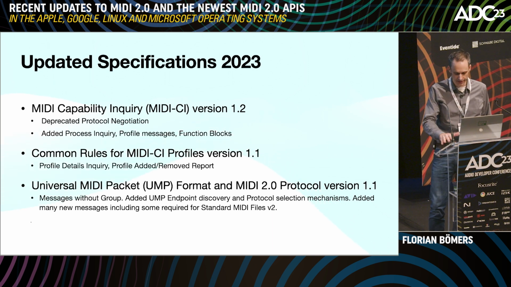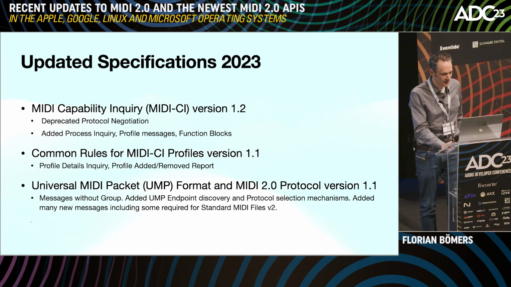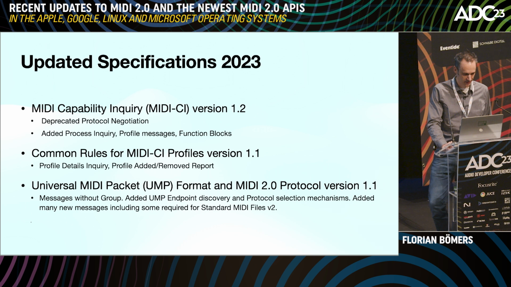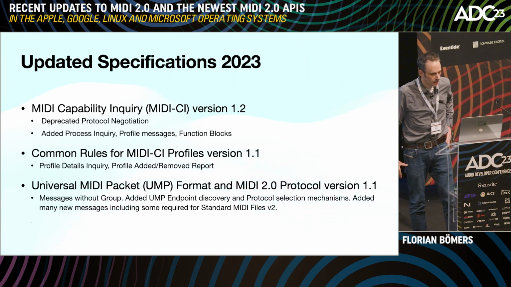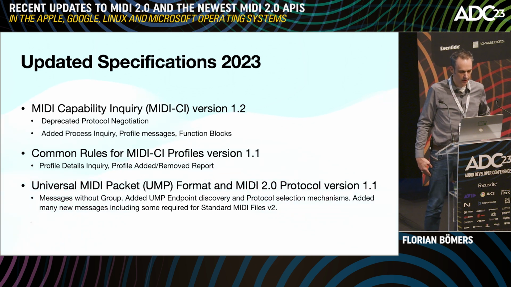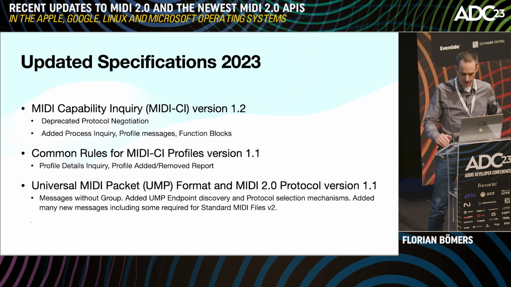I will not go into any details here, but just so that you know, you should use the new version if you're not using it already. Also, profiles were extended with a couple of missing messages, so profiles are much more useful now.